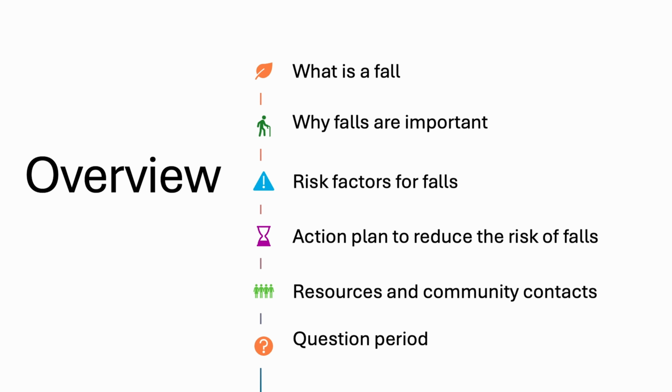And then we're going to go through risk factors for falls, both what we call, and these words were used last week, which I know maybe not all of you were there, but it was an excellent talk on stroke care in Muskoka, modifiable and non-modifiable. So some risk factors that you may be able to change and others that you may not be able to change.